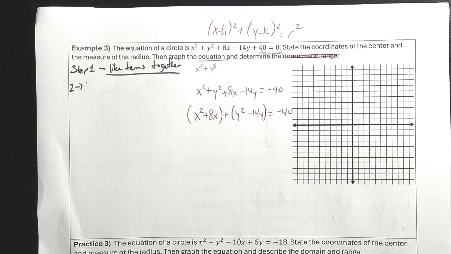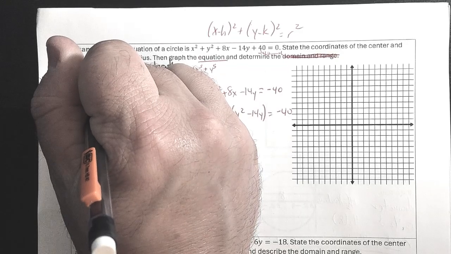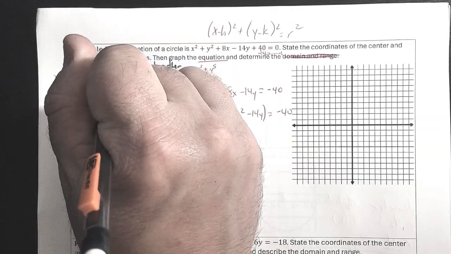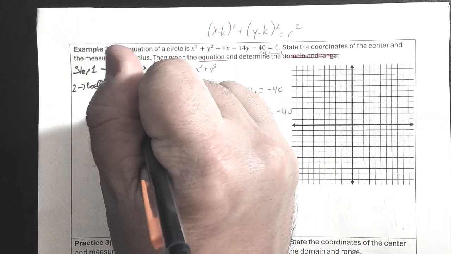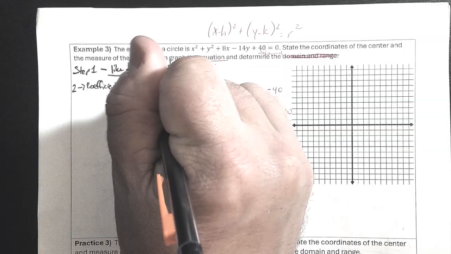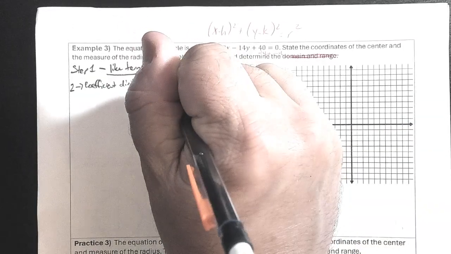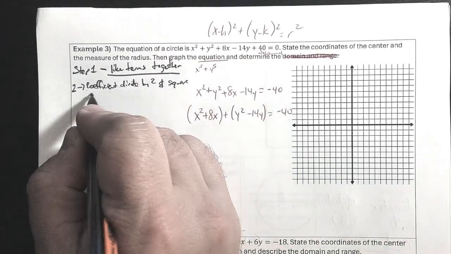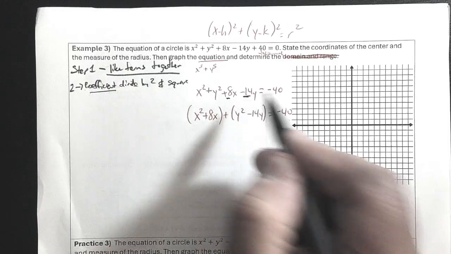Okay, so step 2, we take the coefficient, divide it by 2, and square it. What is the coefficient? The coefficient is the number beside the x and the y.